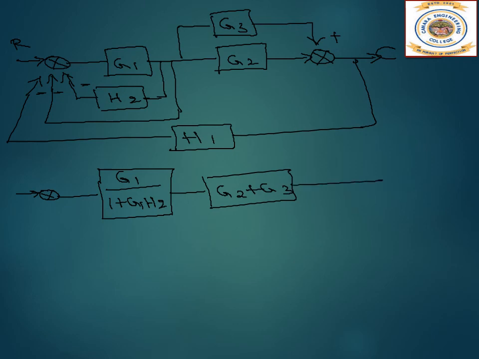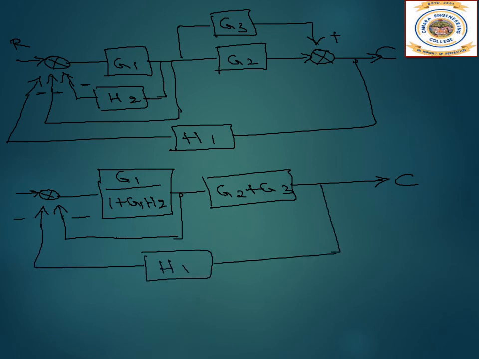This summation will vanish, and here we have 1 as a feedback, which I will write as negative, and this one, the outer feedback, as H1. So next we need to simplify this. This is G of S, and here H of S is 1. So we'll simplify this part.